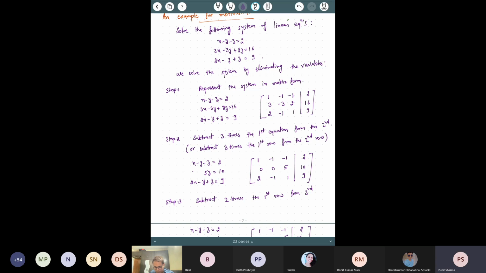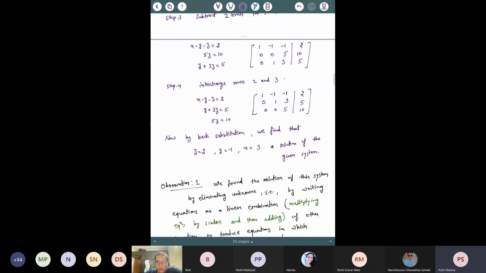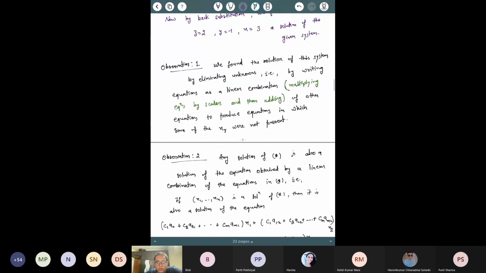We can call this a linear combination, although we have not defined it properly, where you write some of the equations as a combination of other equations. So what do I mean by linear combination? Multiplying equations by scalars and then adding. So you multiply equations by some scalars and then add them. This is the linear combination.